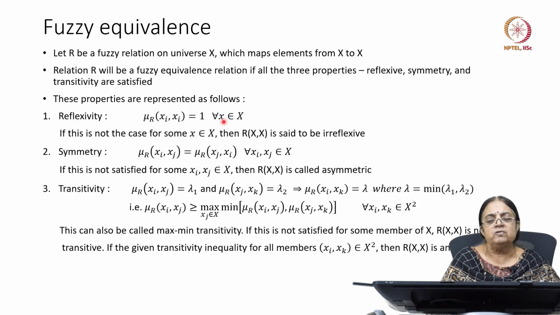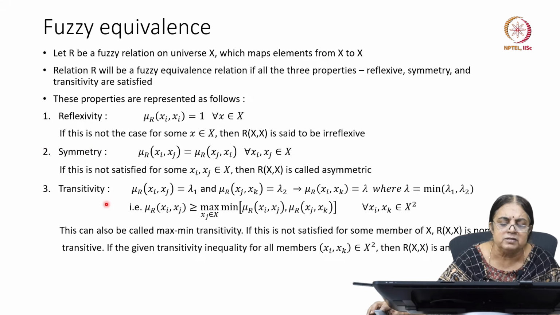If this is not true, then you say that it is irreflexive. Then symmetry: you have xi and xj. If you take all pairs xi xj, if mu r xi xj is equal to mu r xj xi, then you say that it is symmetric. And if this is not satisfied, you say it is asymmetric.